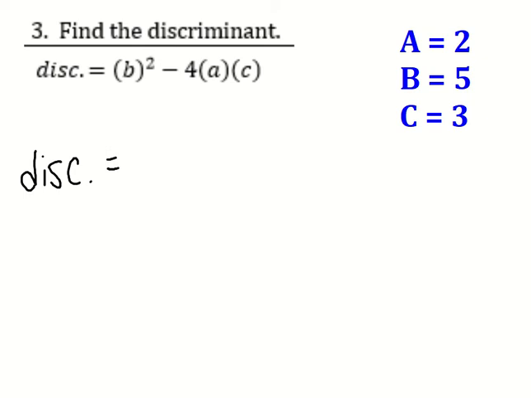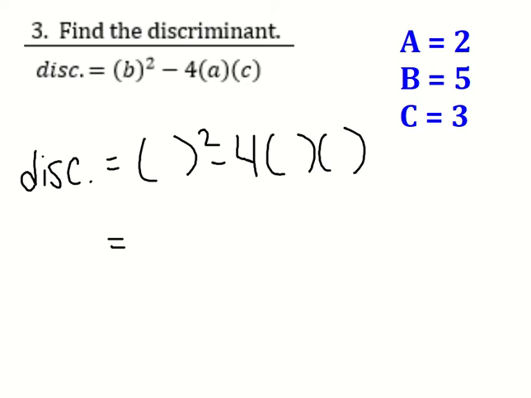Discriminant is equal to b squared minus 4ac, and that's going to be equal to some number that we're about to find out. Each time this little skeleton will never change. Your a, b, and c values will change, but this skeleton piece will not.